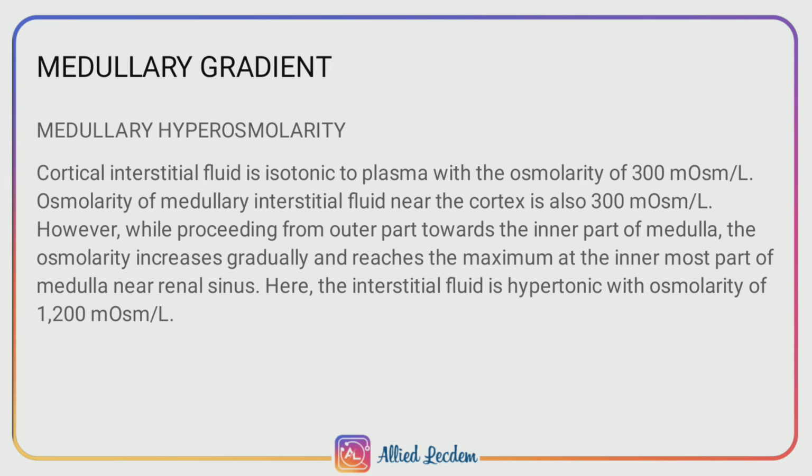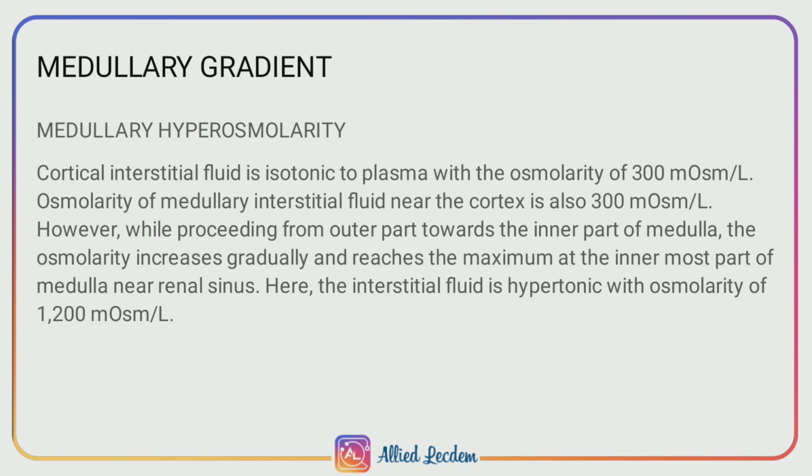The cortical interstitial fluid has the same osmolarity as plasma, 300 milliosmol per liter, and the osmolarity of the medullary interstitial fluid, which is near, is also 300 milliosmol per liter. While proceeding from the outer part towards the inner part of the medulla, the osmolarity increases gradually and reaches the maximum.